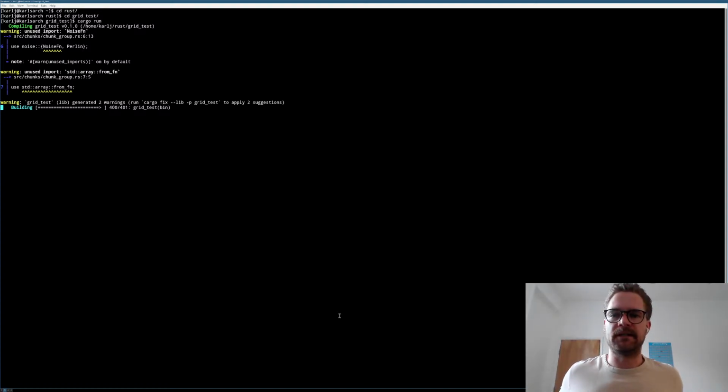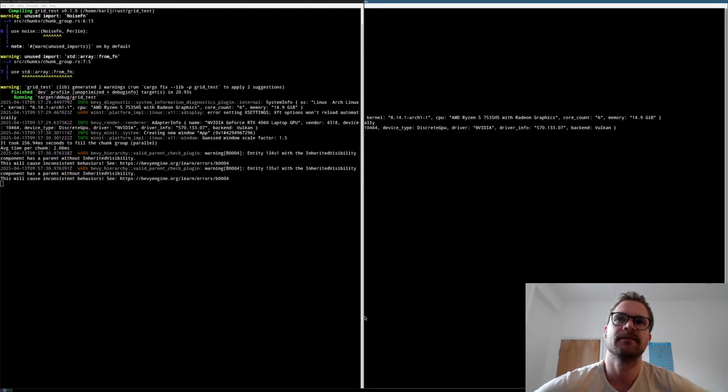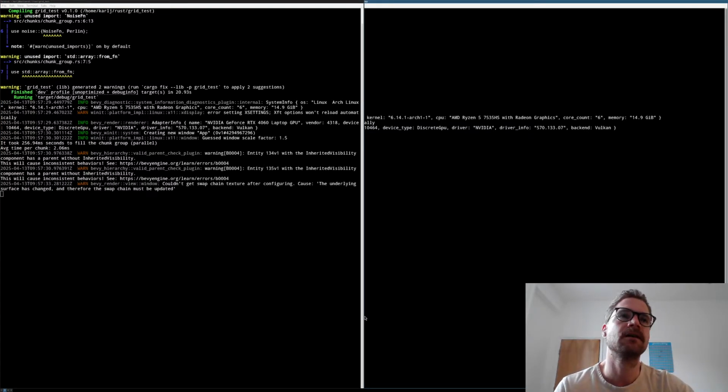Yeah, I want to make a procedurally generated world, and I'm trying to just learn Rust while doing it, and the math and stuff underneath that is required to generate some interesting shapes.